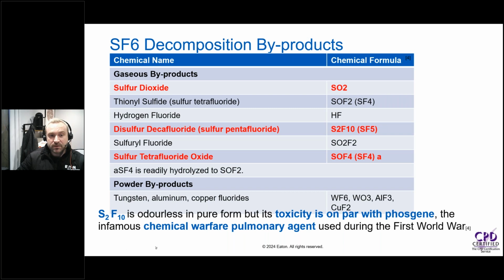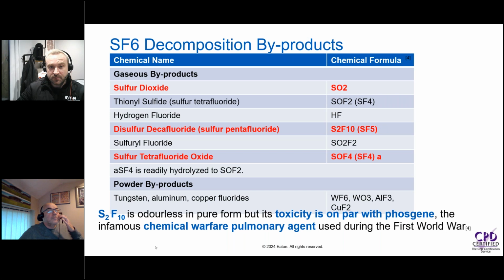The main one to watch for is S2F2, which we mentioned earlier, which is odorless in its pure form, but its toxicity is on par with phosgene, the infamous chemical warfare pulmonary agent used in World War I. This highlights some of the potential hazards of SF6 switchgear and the severity of the byproducts formed by them.